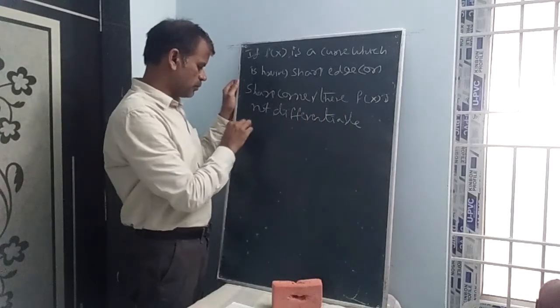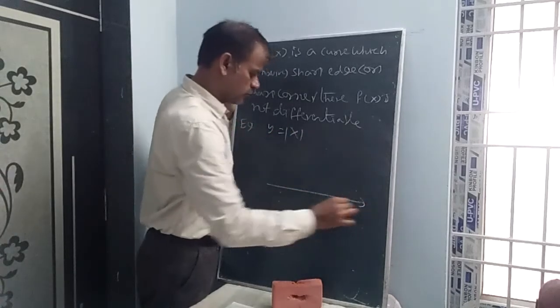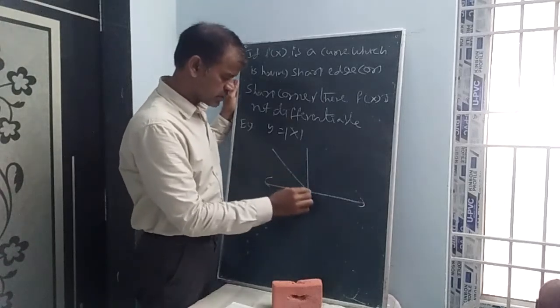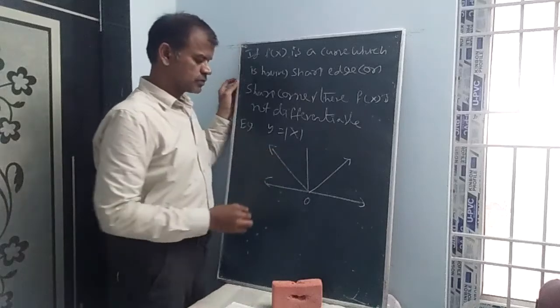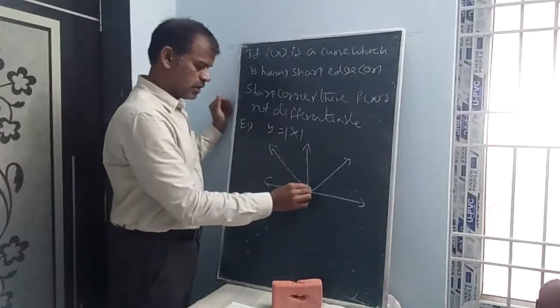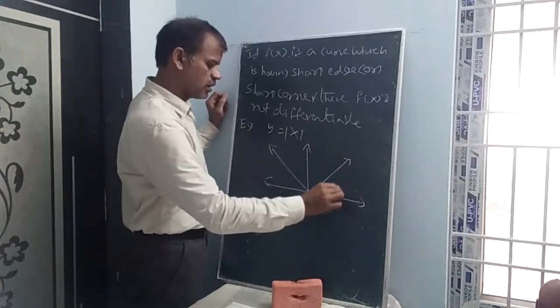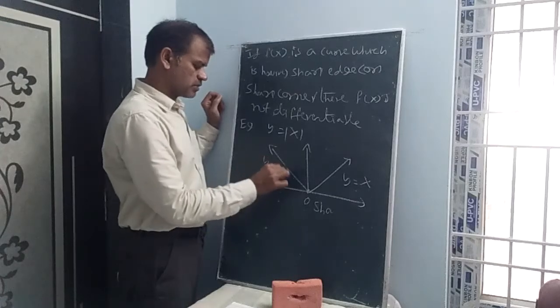Let us see the example. Y is equal to modulus of x. You know the modulus of x graph; plenty of times we have discussed that. This is 0. At 0, this is y is equal to plus x, and this is y is equal to minus x.